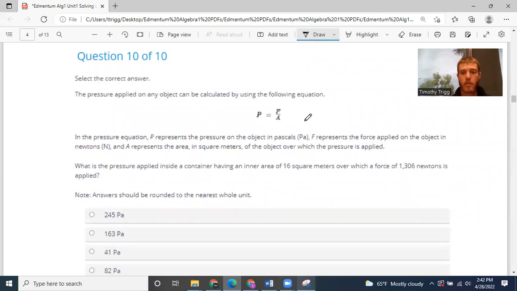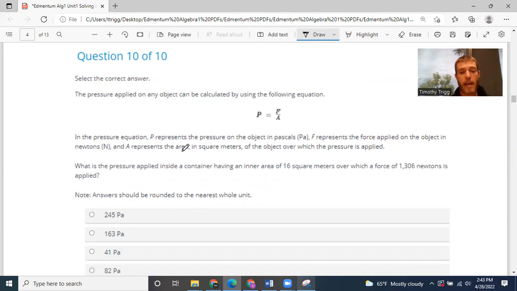Okay, question 10. The pressure applied on any object can be calculated by using the following equation. P, that's the pressure, equals force divided by area. In the pressure equation, P represents the pressure on an object measured in pascals. F represents the force applied on the object in newtons.